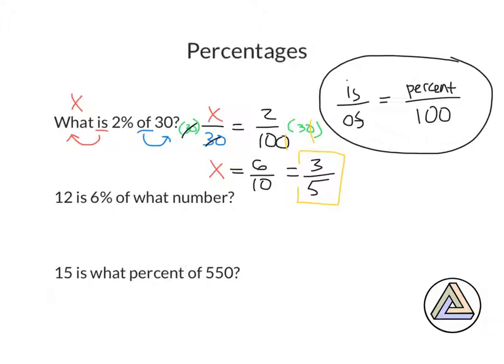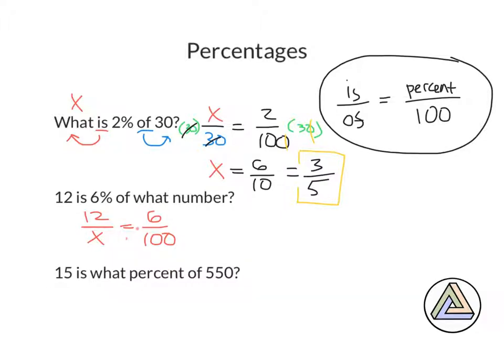That is going to be 12 over x equals 6 over 100. And the reason for that is because is 12, because 12 is the number or word next to the word is, that's not the percent. And x corresponds with of, because of is the number or word next to the word of, that's not the percent, so it's right there.